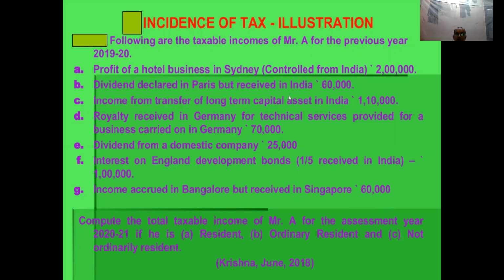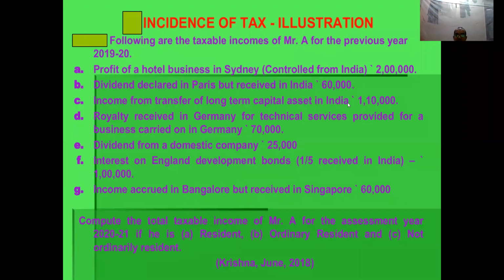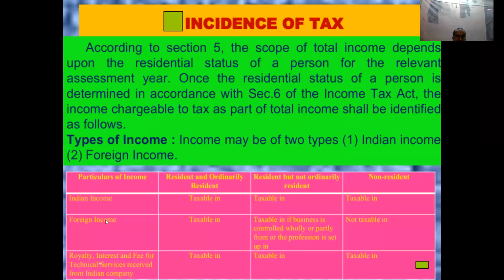Okay. Now, how a person's taxability is going to vary, you can observe. Profit of a hotel business in Sydney. Now, he is a resident means he has to pay tax. He is not ordinary resident means he has to pay tax. Here in this condition, you can see foreign income: even on foreign income, a resident but not ordinary resident has to pay tax because it is controlled by Indian people.